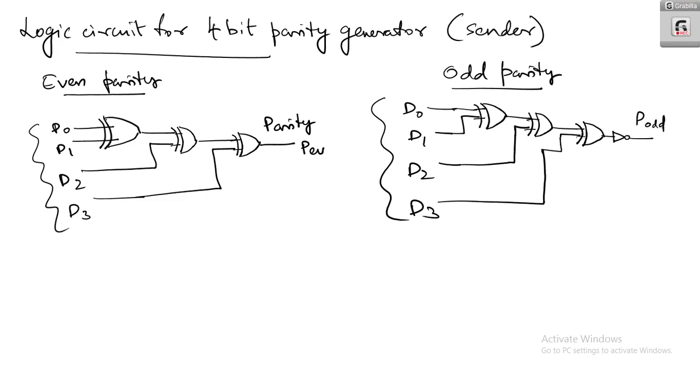Now the data is generated along with the parity bit. Now what you have to do? The next step is at the receiving end. We need to check whether the data is received correctly. Okay. So the next part I am going to deal with is the receiving end.